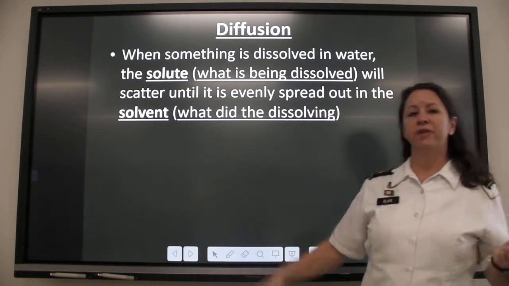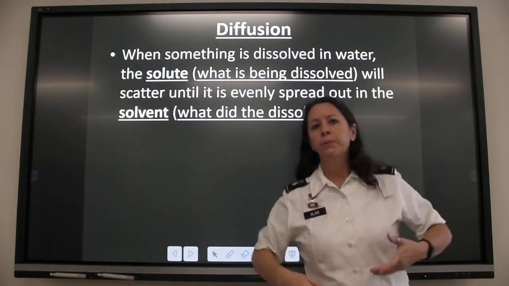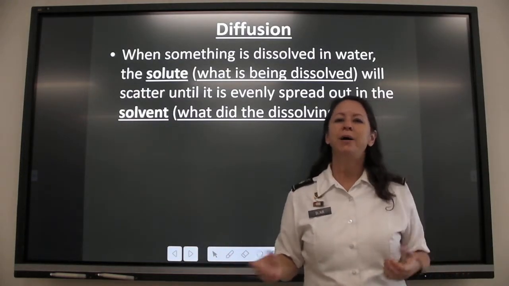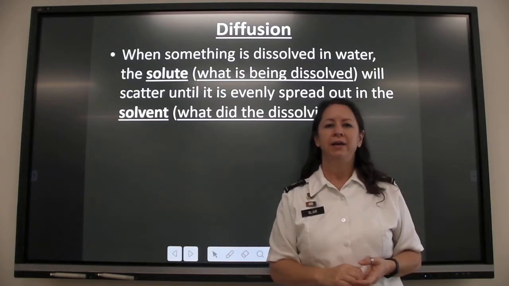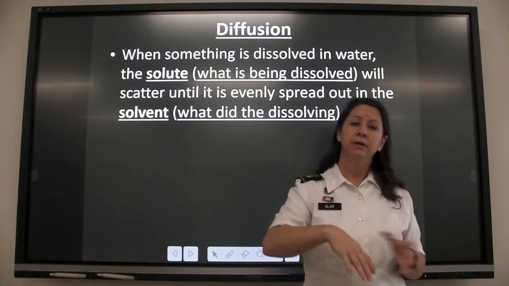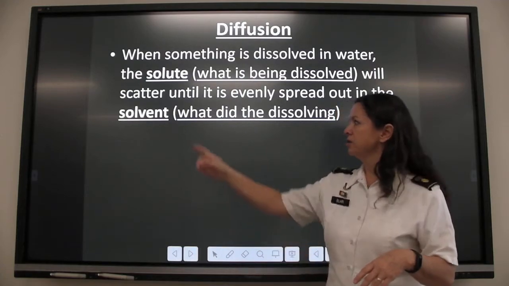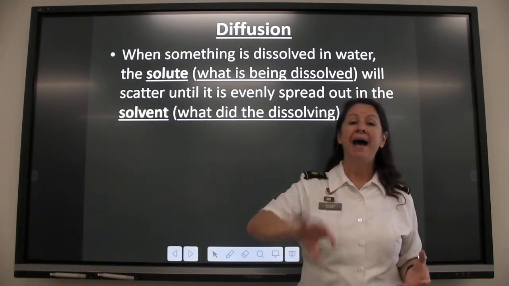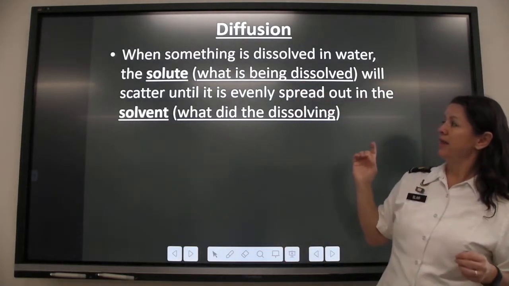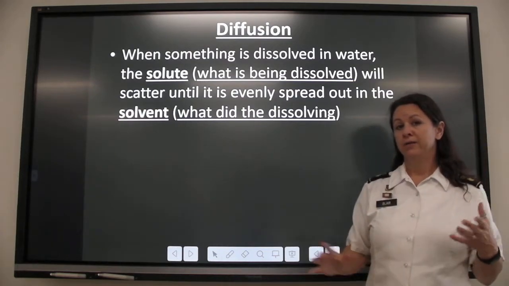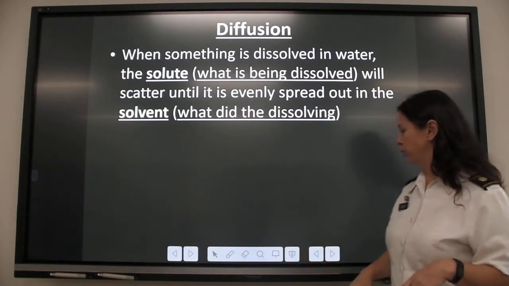The solvent, which is usually water, is what dissolved it. So think about making a pitcher of Kool-Aid. When you pour the powder into the water, the water is the solvent, the powder is the solute. So that's how you can think of how these work.